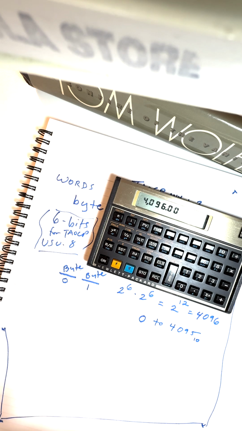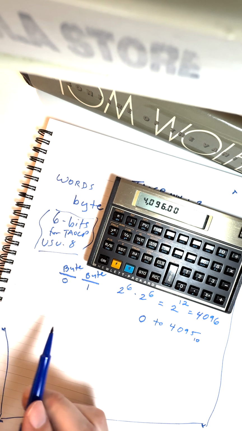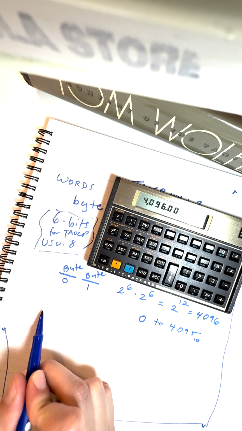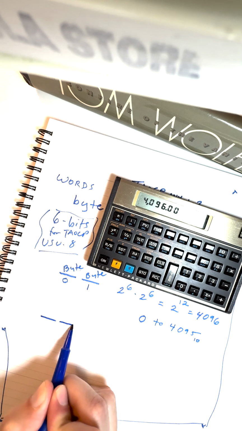Knuth goes on to say 3 adjacent bytes can hold about 260,000, 4 adjacent about 16.7 million, 16.8 million, whatever it is. But let's go all the way to 5 adjacent bytes, because that's going to be relevant.